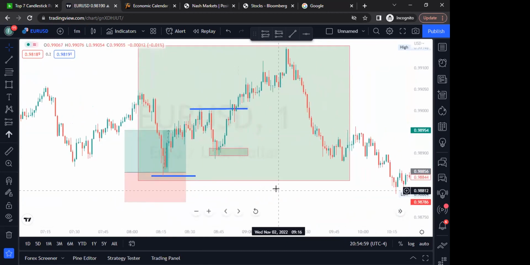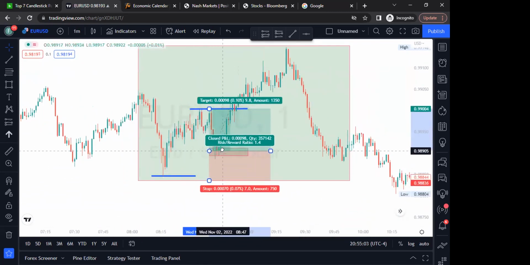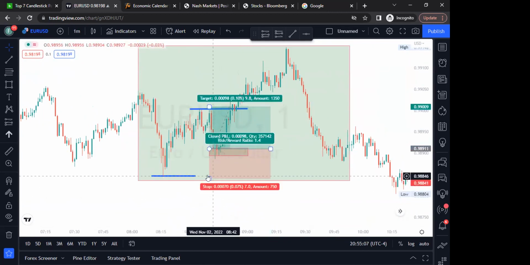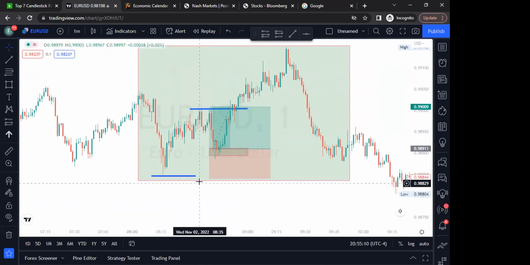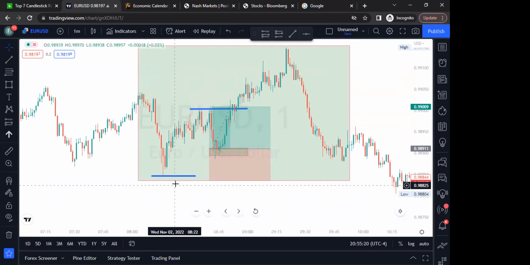Quick question on your stop loss. You put your stop loss at the lowest where it's been before, right? Well, you want to put it underneath it. For example, this is the last low currently within this zone, so I would place my stop loss underneath it, just like this. But you don't have to do that.